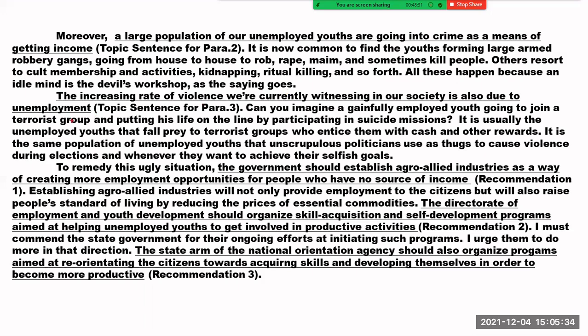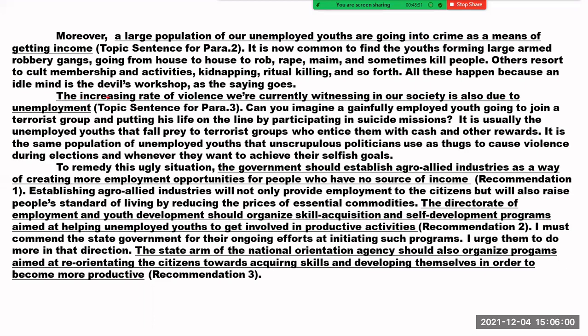Then in the next paragraph, we discuss the third key point that we jotted down on our outline, and that is the increasing rate of violence. And so we write this in a topic sentence, and then we support our key point with supporting details.